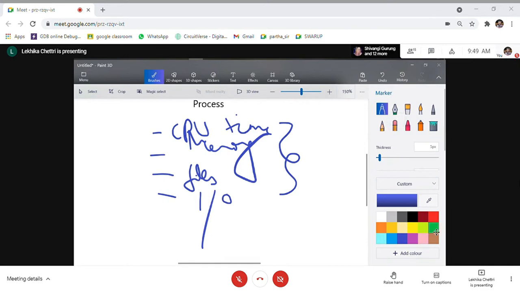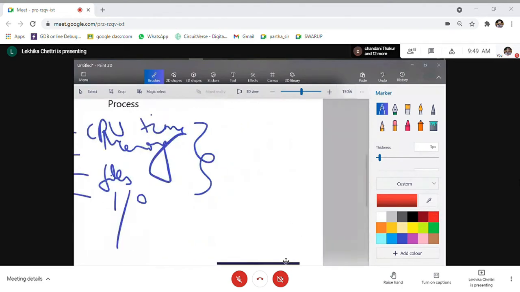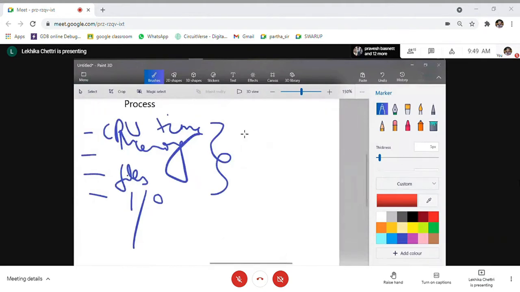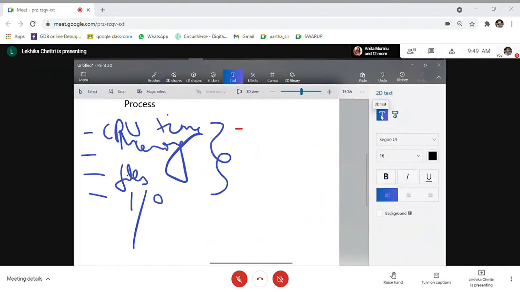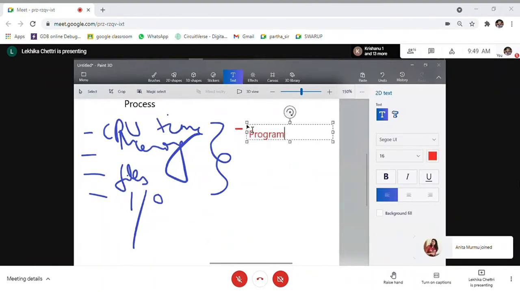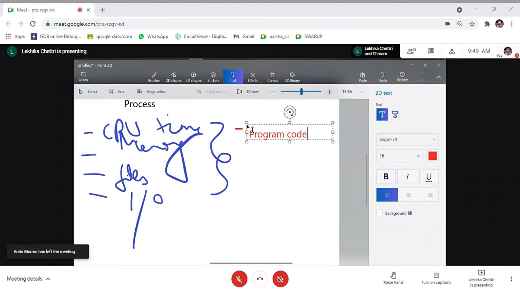So a process may consist of a program code. For example, for this Paint 3D, a program is written.